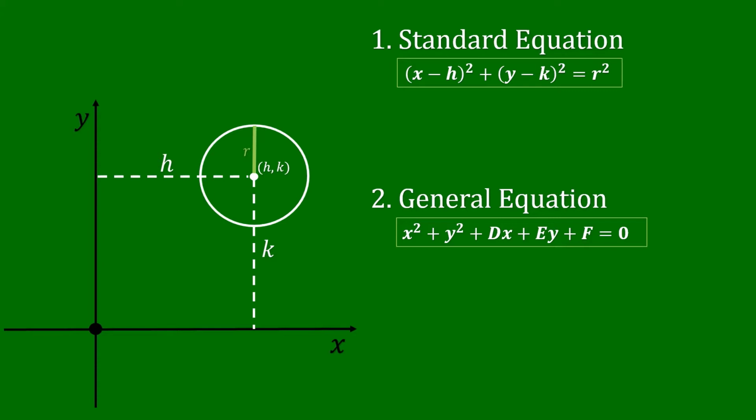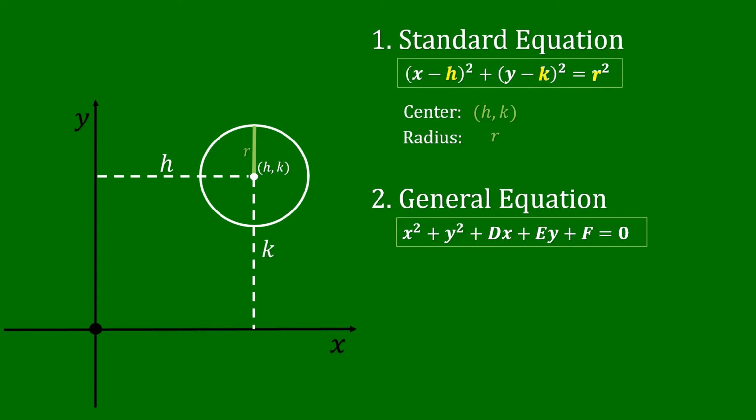To make it clearer, if we have the standard equation of a circle, the square of x minus h plus the square of y minus k equals r squared, we can determine its center as well as the radius. The center is at point (h, k) and the radius is r.